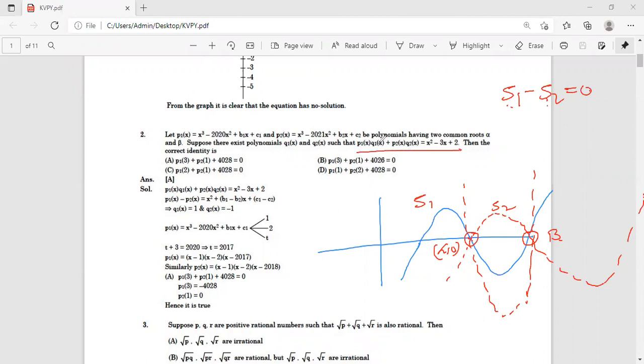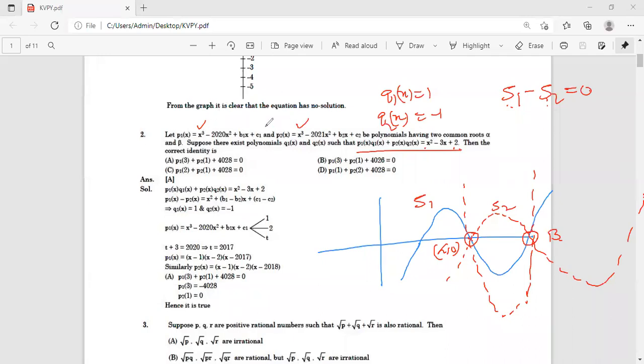So you can make out from here that Q1(x) has to be 1 and Q2(x) has to be -1. Why? Because P1 and P2 are cubic polynomials and the right hand side is quadratic.